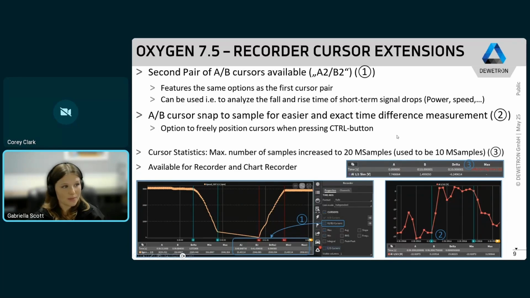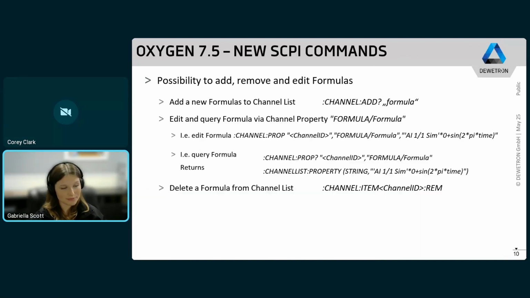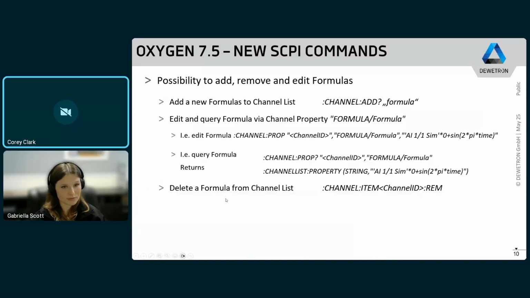Perfect. Can you tell us a bit about the new SCPI commands that come with this update? Yeah, sure. So for the users that love to use remote control with the DEWETRON instruments, we have added SCPI commands throughout the history of Oxygen. So every release, there's typically something new within the SCPI side of the software.